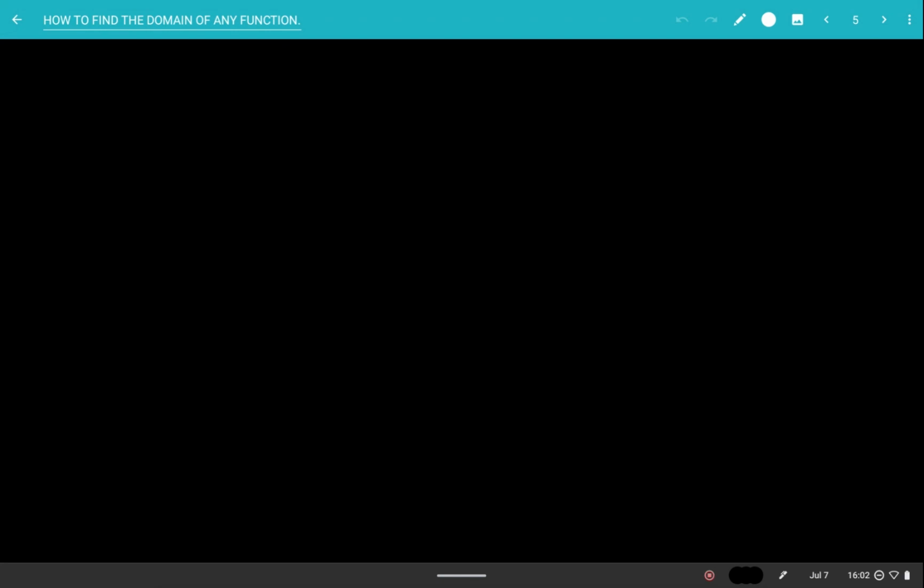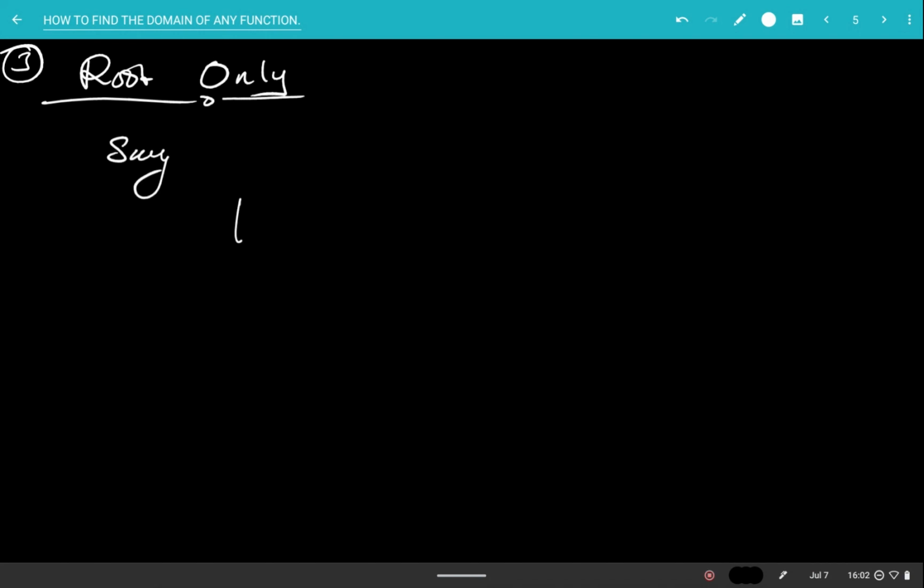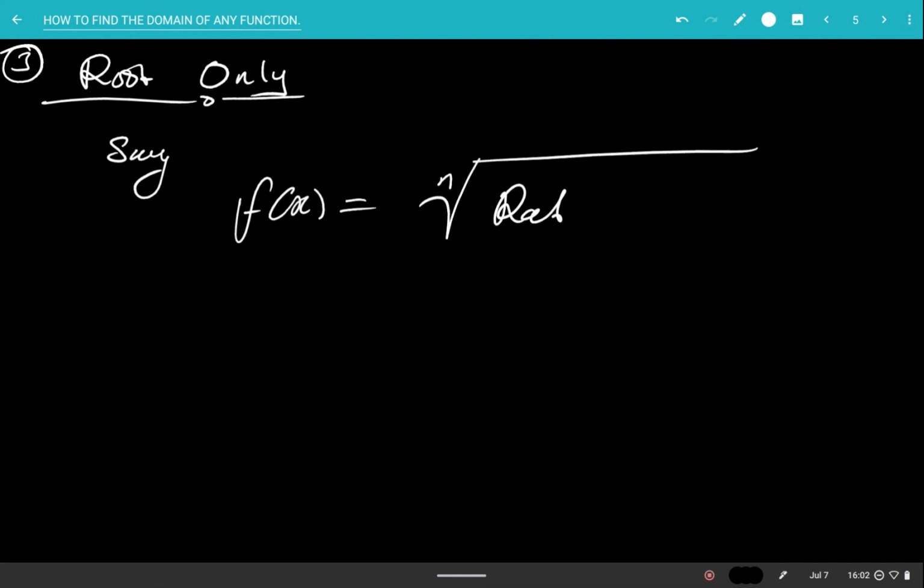The next type, which is type 3, is learning how to find the domain where you have been given a root only. So imagine you have a function, say f of x is equal to the nth root of the radicand.